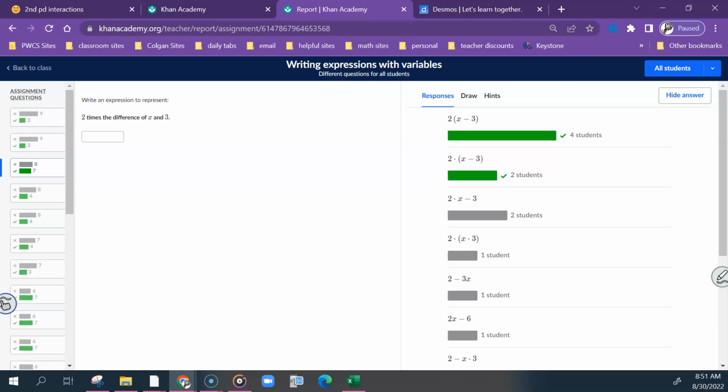We had some other issues, like putting a dot instead of a minus, or multiplying the wrong thing. You started to distribute. They don't want you to actually simplify this. They just want word for word whatever it is.